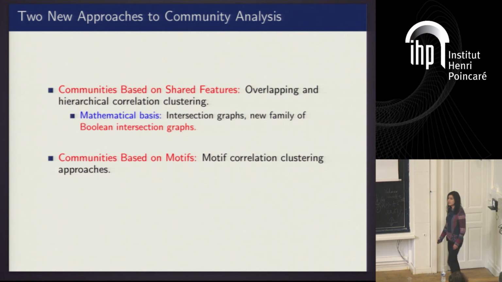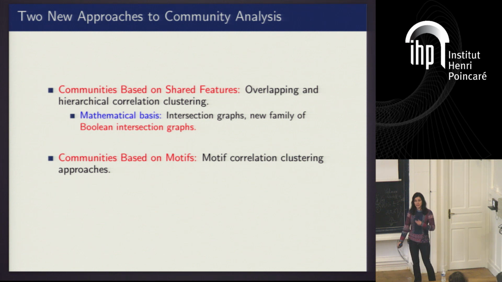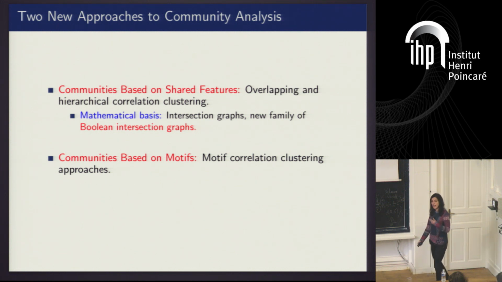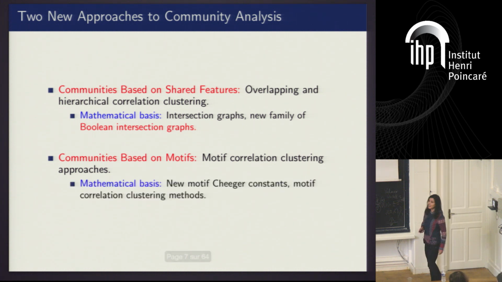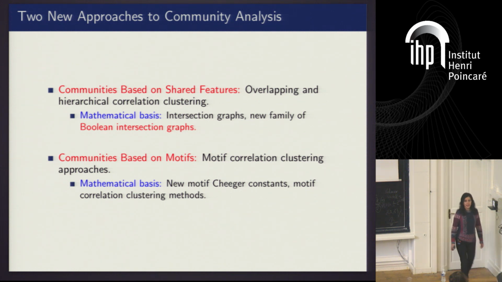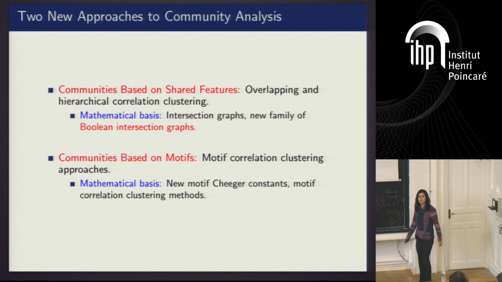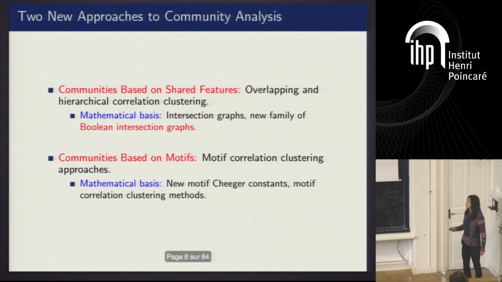These are well-known motifs in social networks. And if you want to define a community, why look at the edge density? Why not look at the motif density in order to better describe this structure? In this case, I will talk about how to revise notions such as the Cheeger constant, or correlation or community detection methods that operate around motif structures.